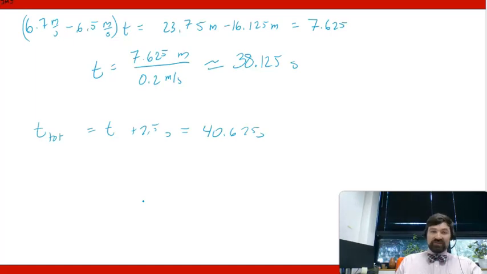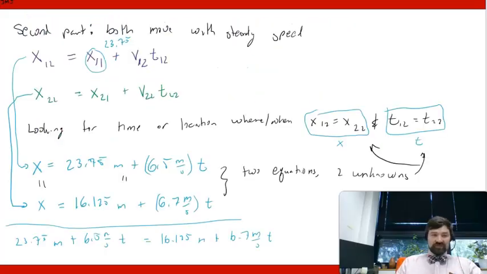We could also ask what the distance is, so we plug in t to solve for x, in either of these equations. That would be the position relative to where the first runner started, so it gives you the distance the second runner travels to catch the first. If you then subtract the 7.5 meter lead, you've got how far the first runner travels.